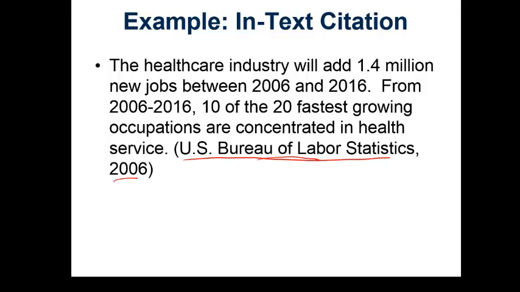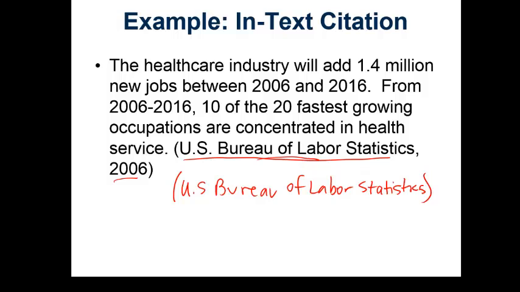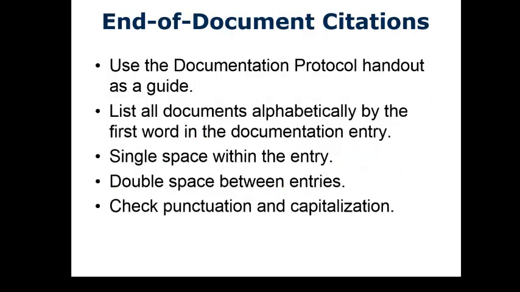You're going to run across many websites where there's not always a year that it was published, so it's perfectly fine if you end up finding one without a year, but it was still a good website, that you could just put the name of the author or the name of the organization and then end your parenthesis, and that would be it. And that's okay if there is no year given in your website.